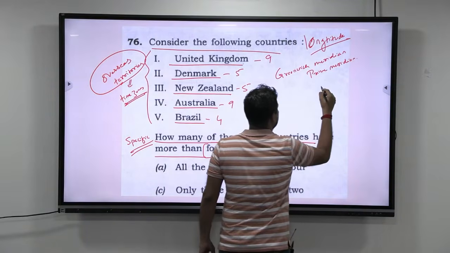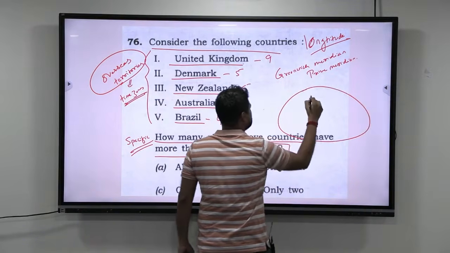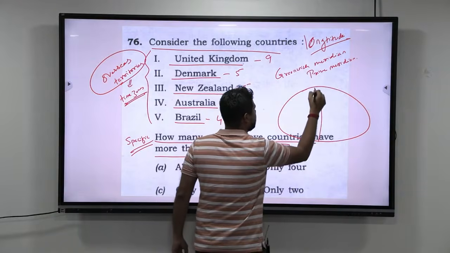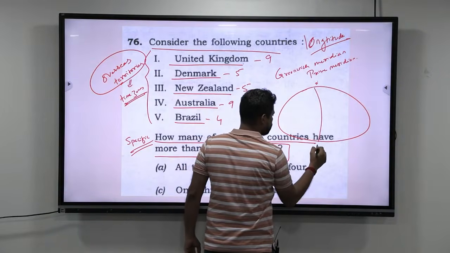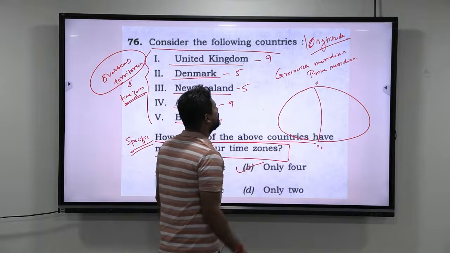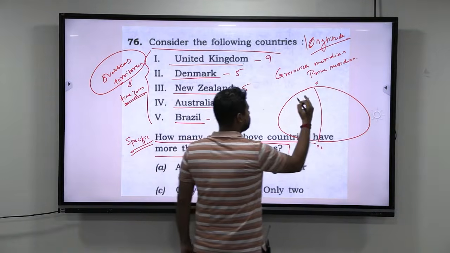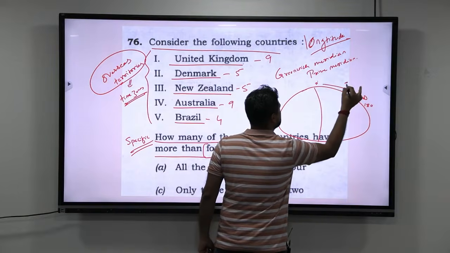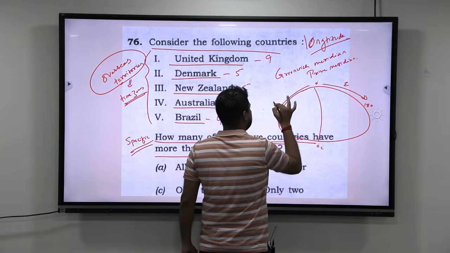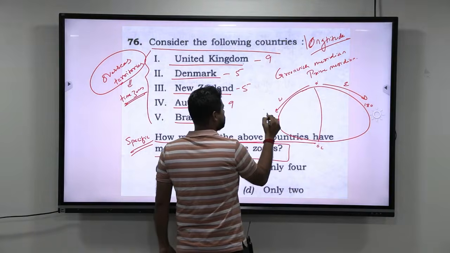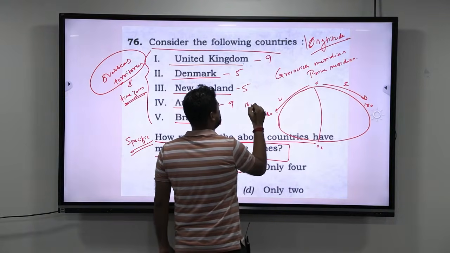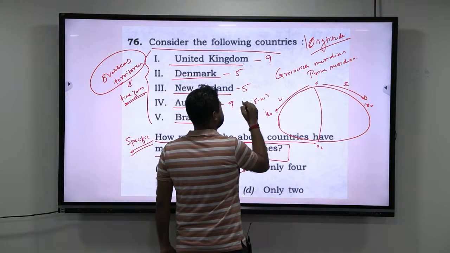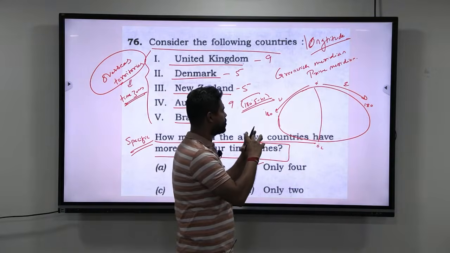If you take the earth like this, 0 degree longitude is the prime meridian or Greenwich meridian. From 0 degree, we go 180 degrees to the east and 180 degrees to the west. This 180 degrees east and west is one and the same, because the earth is a geoid.